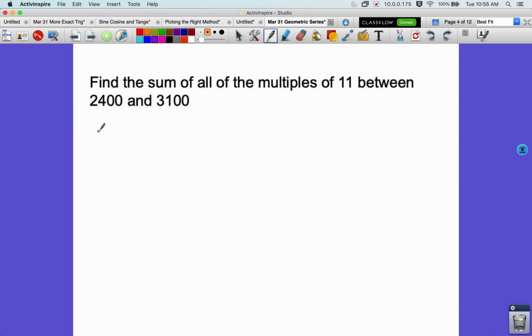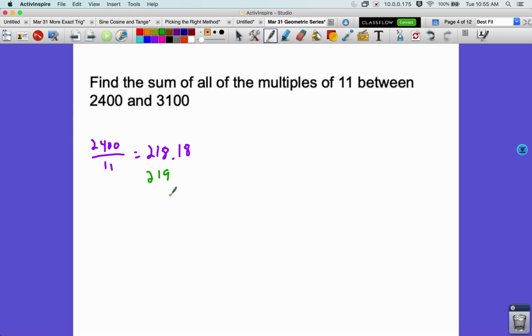So I do 2,400 divided by 11, and I got a decimal. I specifically got 218.18, and this is pretty low, so I know that my next multiple will be 219 times 11.